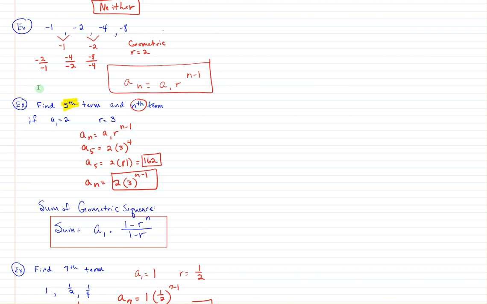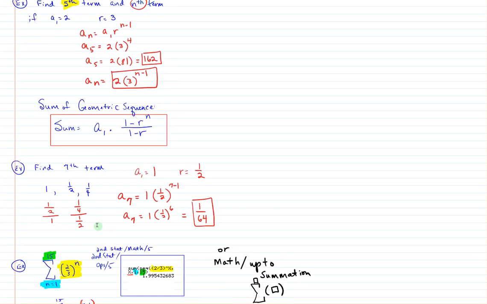Then that's just a calculation. 3 to the 4th is 81 times 2 is 162. And then for a sub n, you take the r that you got and the first term and write the formula with n minus 1. That gives you a generic formula.